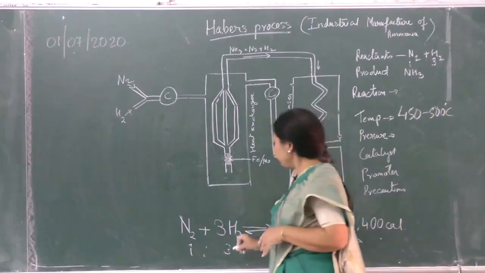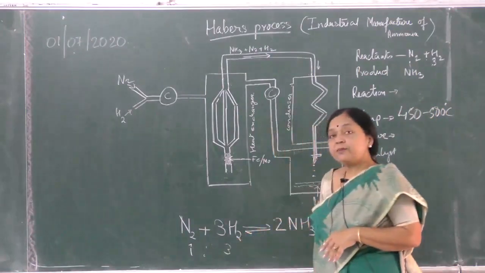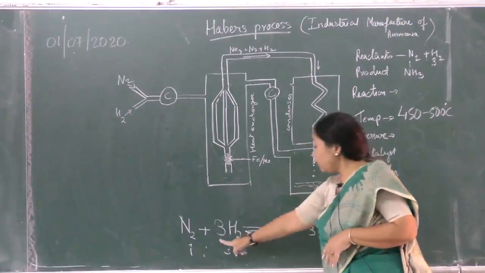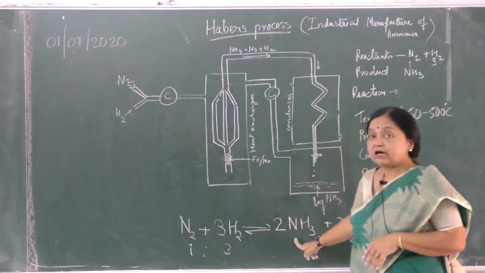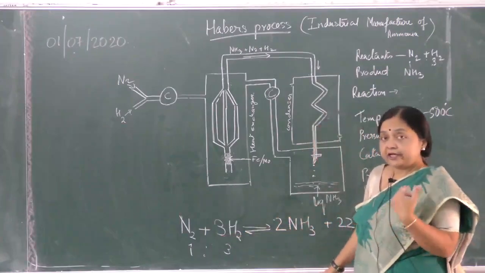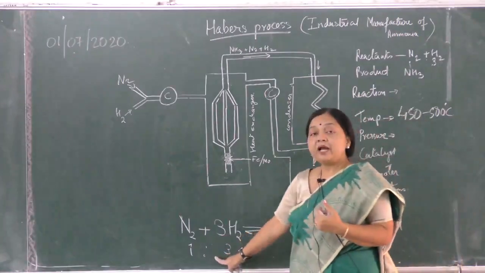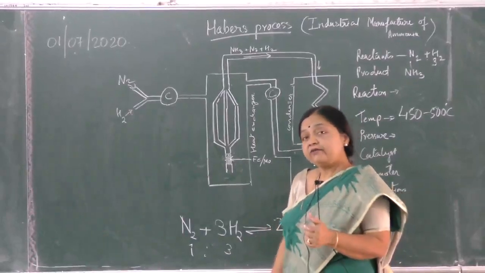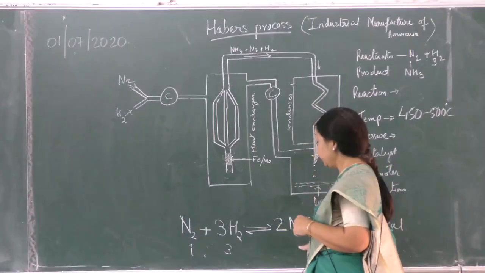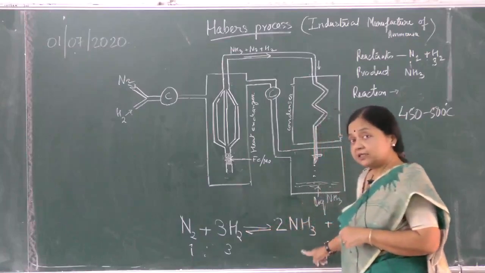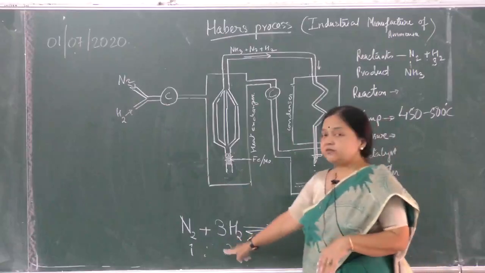And what is the optimum pressure? Why do we need the pressure? The pressure is needed because the volume is reducing to half. So in order to make the reaction flow in the forward direction, pressure has to be applied. If a pressure is applied on the reactants, that will push the reaction in the forward direction, because the volume of the products is half the volume of the reactants.